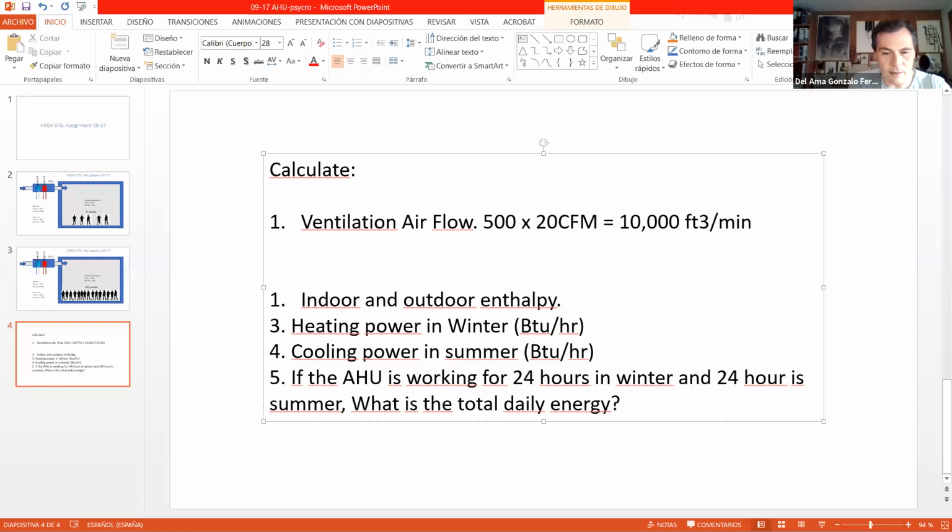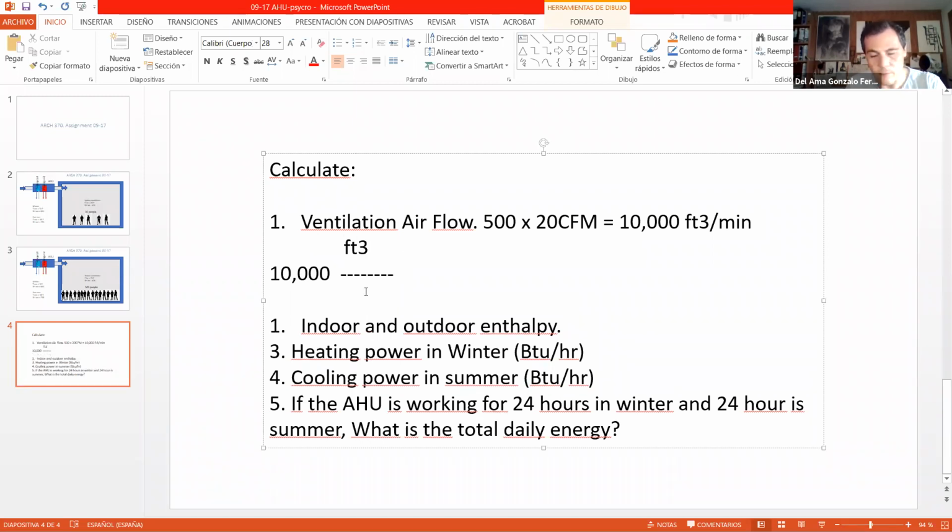It's 10,000. I'm going to do this because I think it's clear. This is cubic feet per minute.